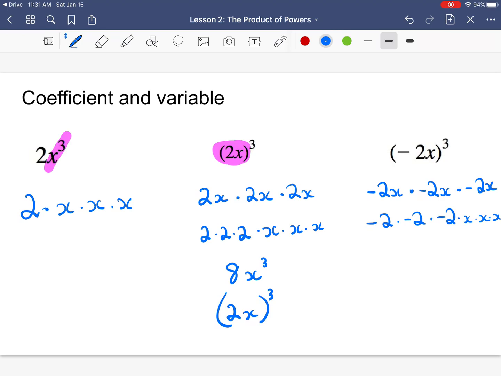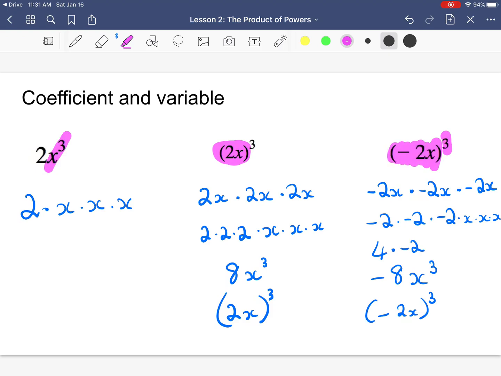So negative 2 times negative 2, 2 negatives is a positive, that's 4 times negative 2. So we have negative 8 times x to the power of 3 as an equivalent expression for negative 2x to the power of 3. So the exponent applies to everything in the parentheses to the left of it.